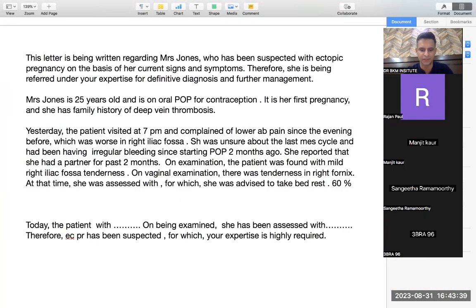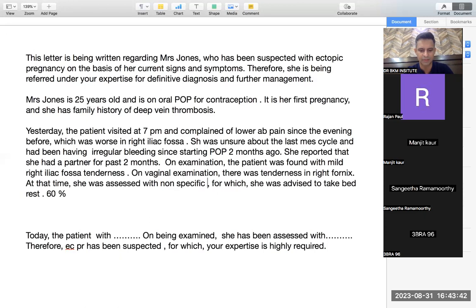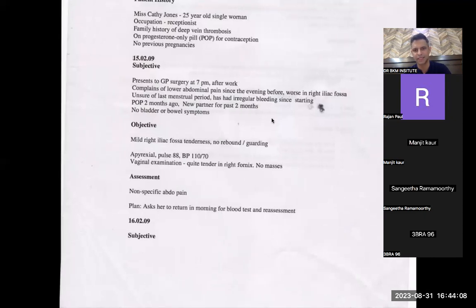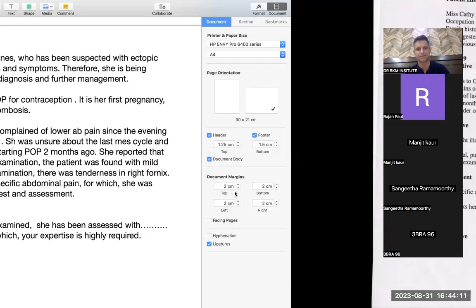So I'm just fitting in the words, for which she was advised to come today morning for blood test and assessment. That's it. See your third paragraph, all copy paste is here.